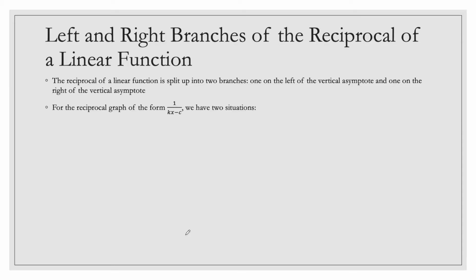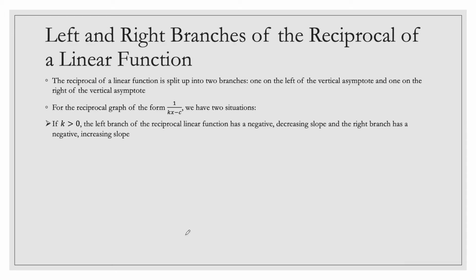If we had the reciprocal graph of the form 1 over kx minus c, there are two different scenarios. We could have k greater than 0, which means that the slope of the linear function is positive, and in this case the left branch of the reciprocal linear function has a negative decreasing slope, and the right branch still has a negative slope, but it is increasing.